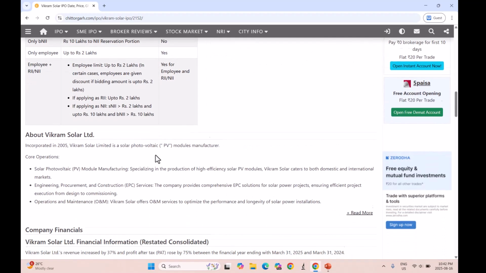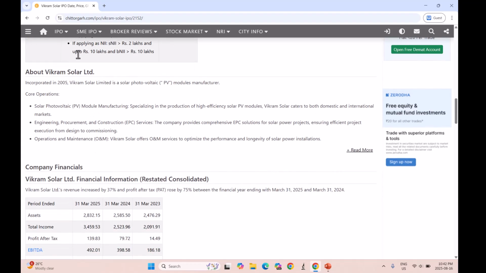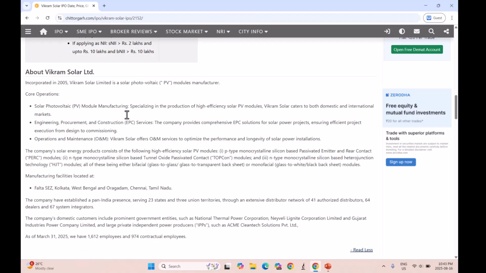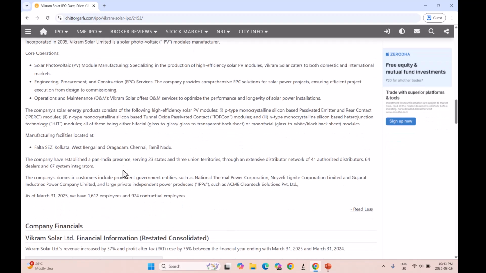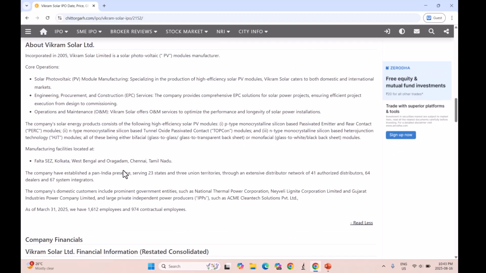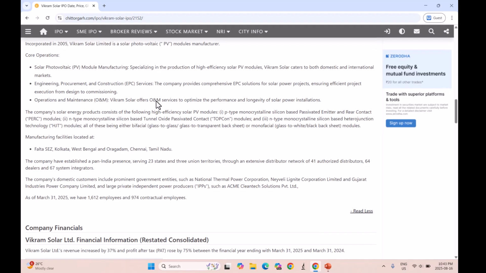Then coming down, this is the most important section of the IPO. You have to go through the details about the company. If you expand this, you can get a glimpse of the company's core operation and where the manufacturing facilities are. As you can see, for Bikram Solar Limited, the core operation is solar photovoltaic module manufacturing, engineering, procurement and construction service, and also operation and maintenance of solar cells.